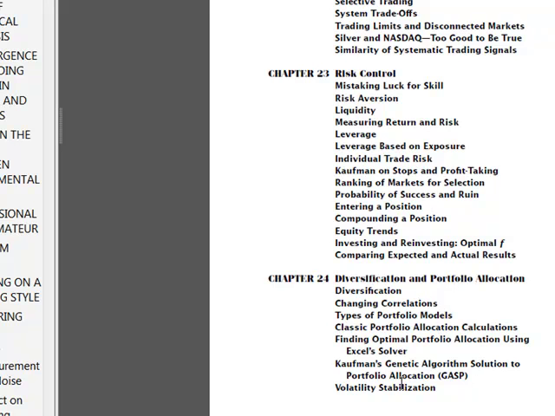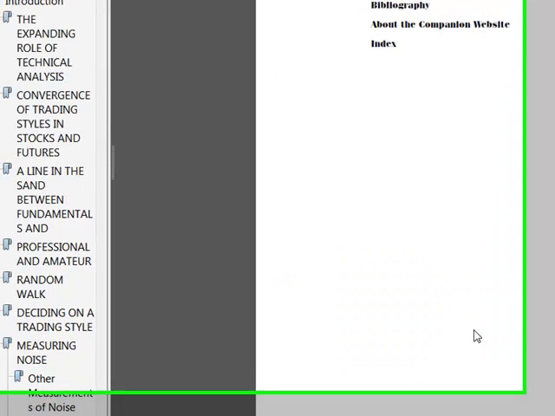This GASP, genetic algorithm solution to portfolio allocation, is quite good. Volatility stabilization, using an Excel solver, and then all the different types of calculations that you could use for allocating your portfolio during your trading.